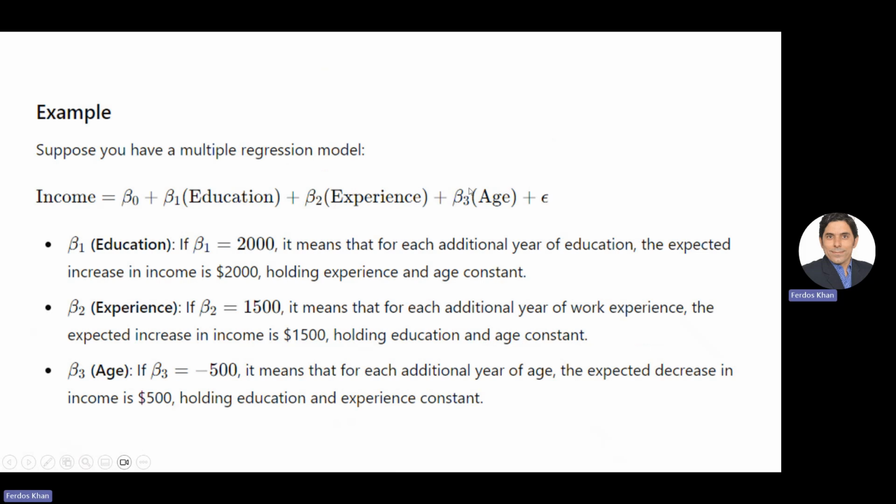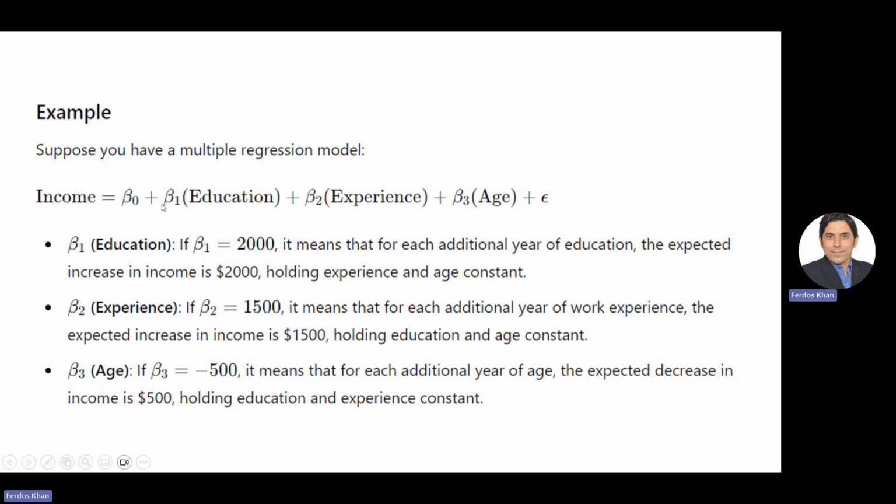Now this is an example, and this may be very productive for students of psychology, economics, social sciences and business administration, etc. Let's suppose income is denoted. This is the regression model, the estimated model. The expected value of the error term is 0, so it no longer exists in this model.